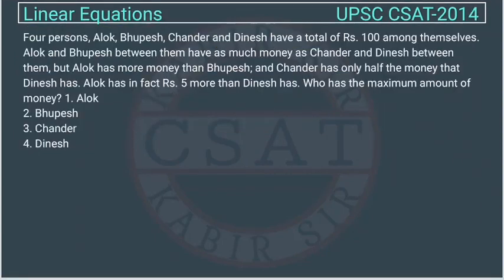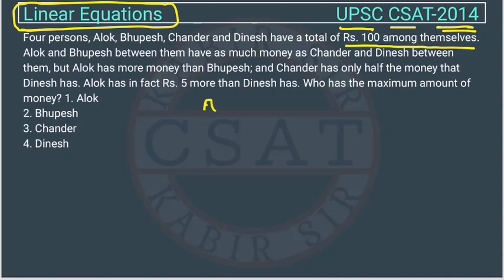This is a linear equation type of question asked by UPSC in their CSAT exam of 2014. 4 persons, Alok, Bhupesh, Chandar and Dinesh, have a total of rupees 100 among themselves. So what is given is that the total money they have is 100 rupees.